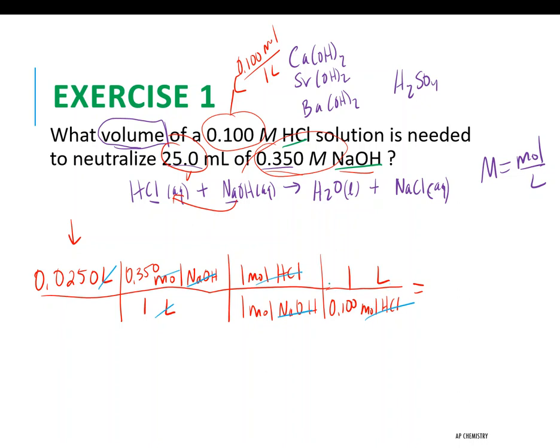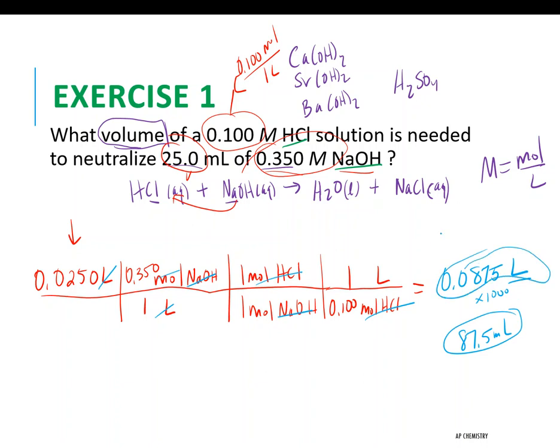Now, once you calculate this, you end up getting 0.0875 liters, which is fine, but we don't usually represent amounts in our burettes in terms of liters because those are in milliliters. So I would multiply it by 1,000 mentally and make it 87.5 milliliters, although it doesn't say you have to put it in milliliters. So either one would be a correct answer.